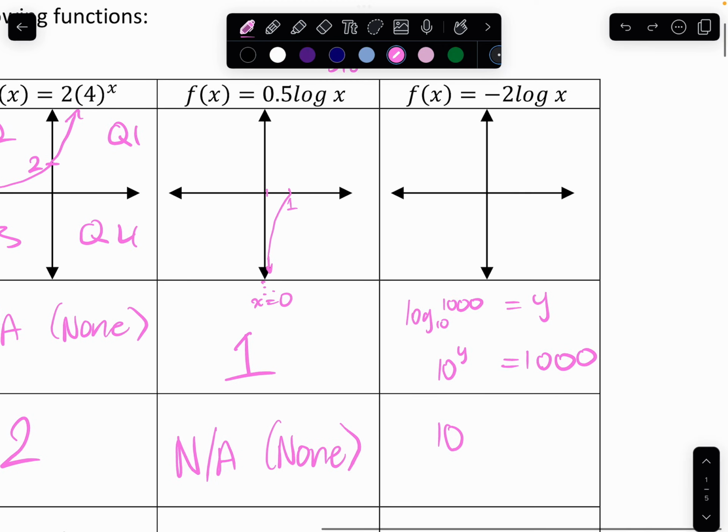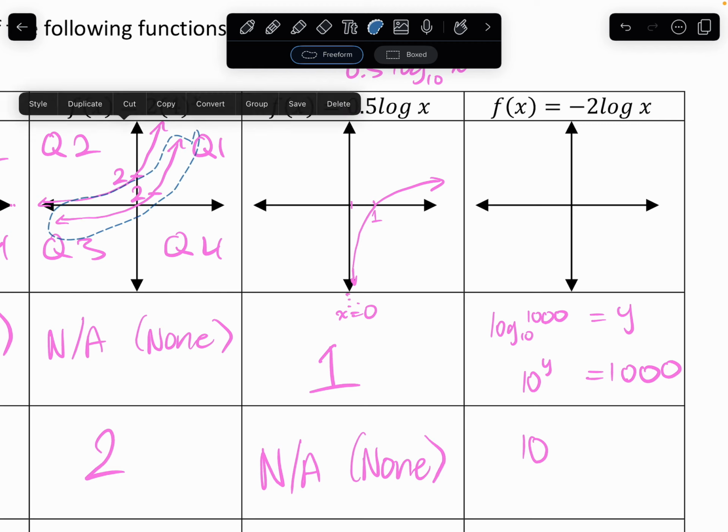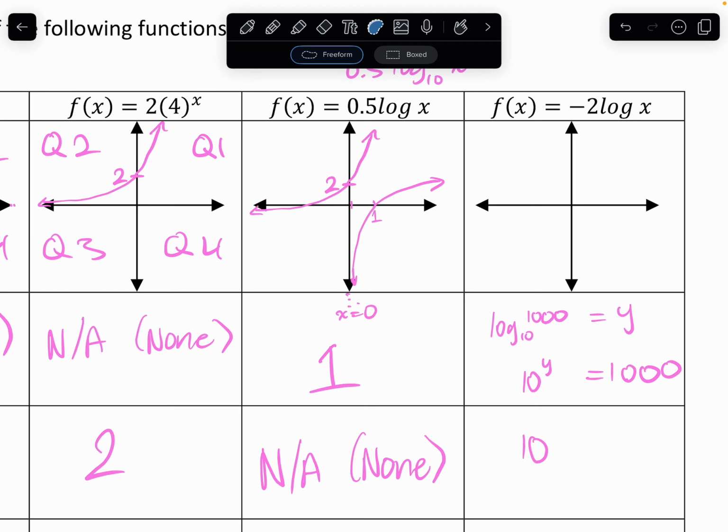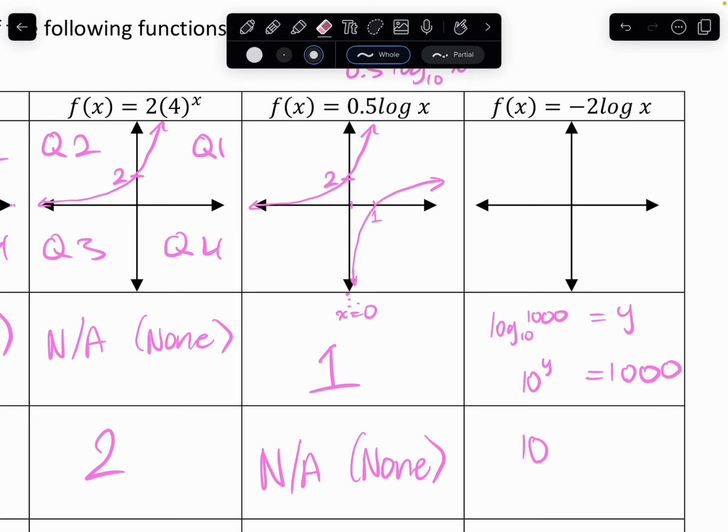So draw that, replicate that here. We make it become more positive. So you get this sort of flip shape. If you draw them on the same graph, let's just copy this over. You can see, if it was drawn perfectly to scale, it would be an exact mirror of the exponential graph. So if you understand one, you understand the other, basically.